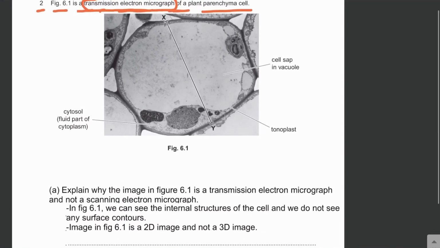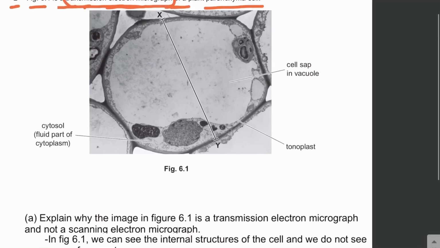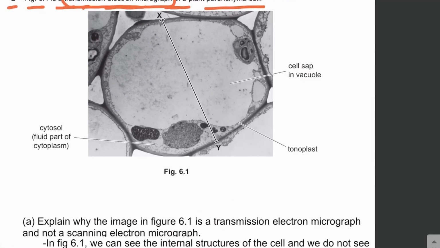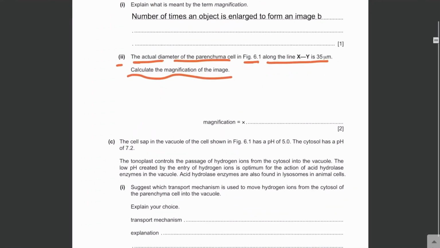So for example, when we measured the XY length using the scale to find the image length, it was 7 centimeter, or we can say 70 millimeters, right? So the image length is 70 millimeters as measured by the ruler or the scale, and we have to find the magnification knowing that the actual length is 35 micrometers.